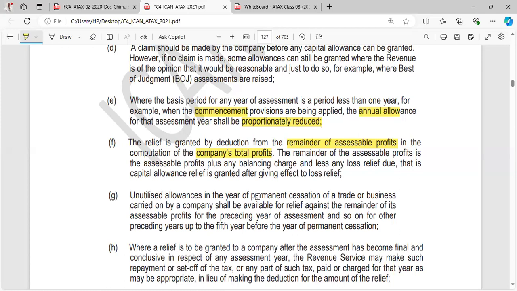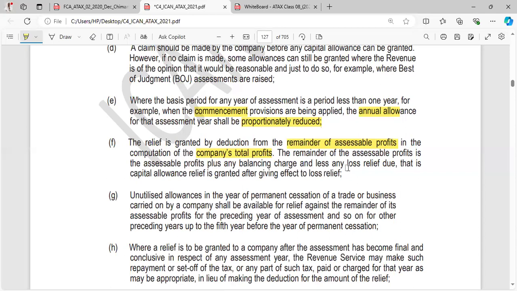One of them could be something called adjusted profit. Adjusted profit will be your first assessable profit. Then you may have something called balancing charge, which will increase it, or balancing allowance, which will reduce it, or sorry, any loss that will reduce it.